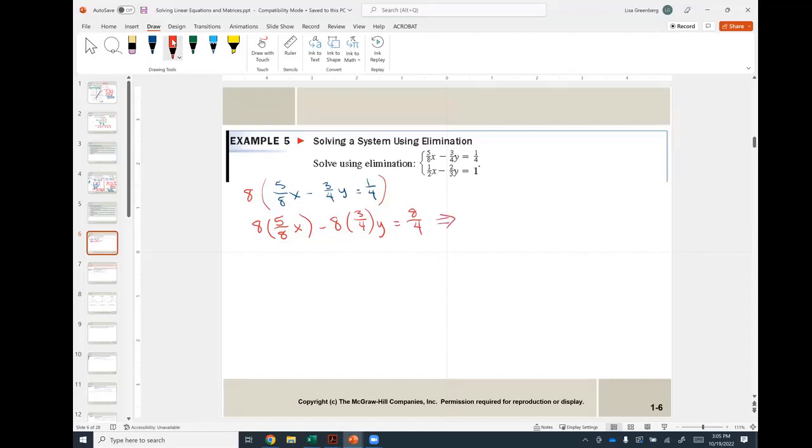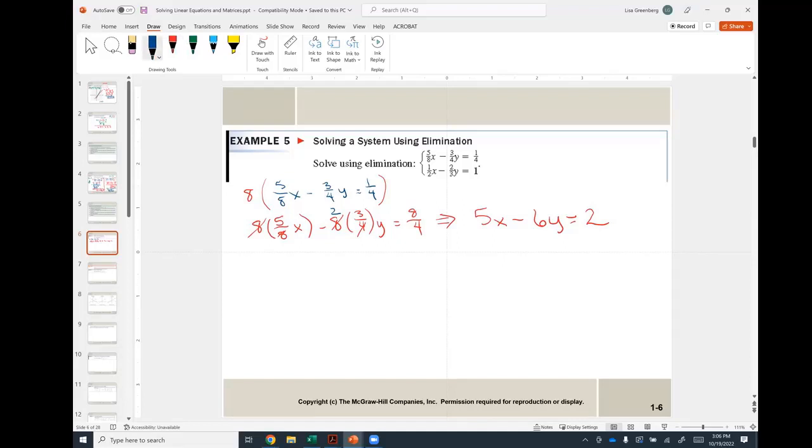And I'm just going to go across here. I'm going to cancel the 8 with the 8, and I get 5x. I'm going to cancel the 8 with the 4, which gives me a 2 here. So 2 times 3 is 6y equals, and 8/4 is obviously 2. Now, that's a lot easier to work with.